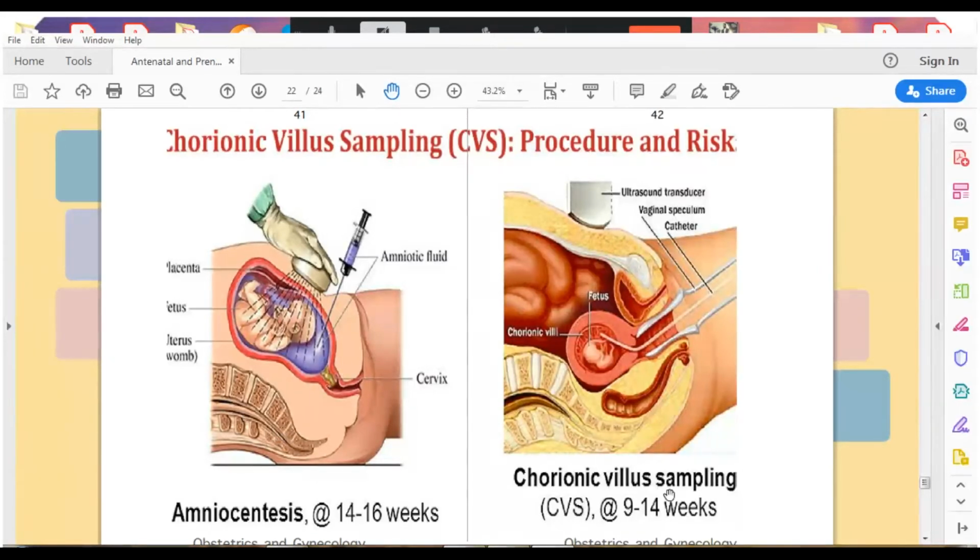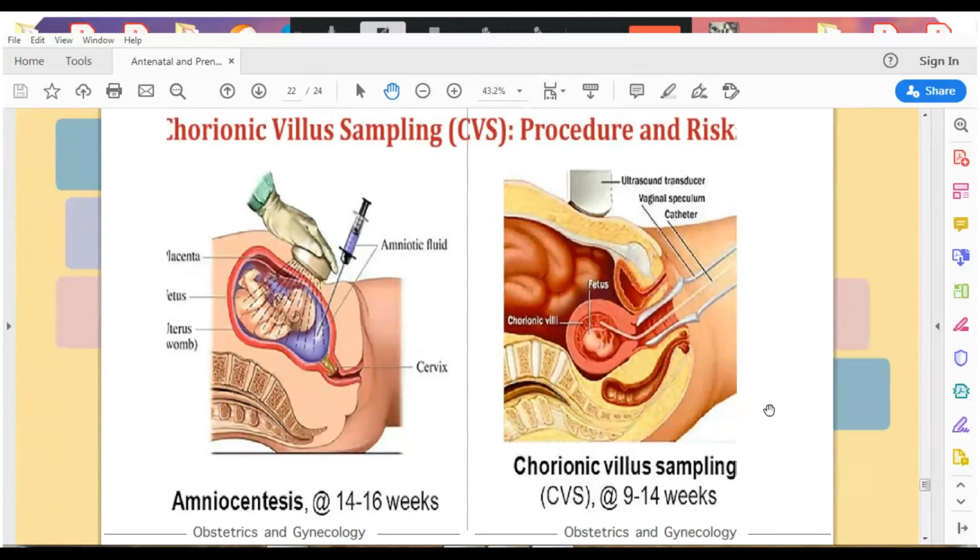Chorionic villus sampling. So we know this is a chorionic villus. So we need to sample the tissue. This is usually done with the guidance of an ultrasound. You can do it transvaginally: you go through the vagina, into the cervix, into the chorionic villus, or you can do transabdominal, through the abdominal cavity, into the chorionic villus. You take out that sample, you karyotype it, and then it will give you the probability that the kid will suffer from an aneuploidy.